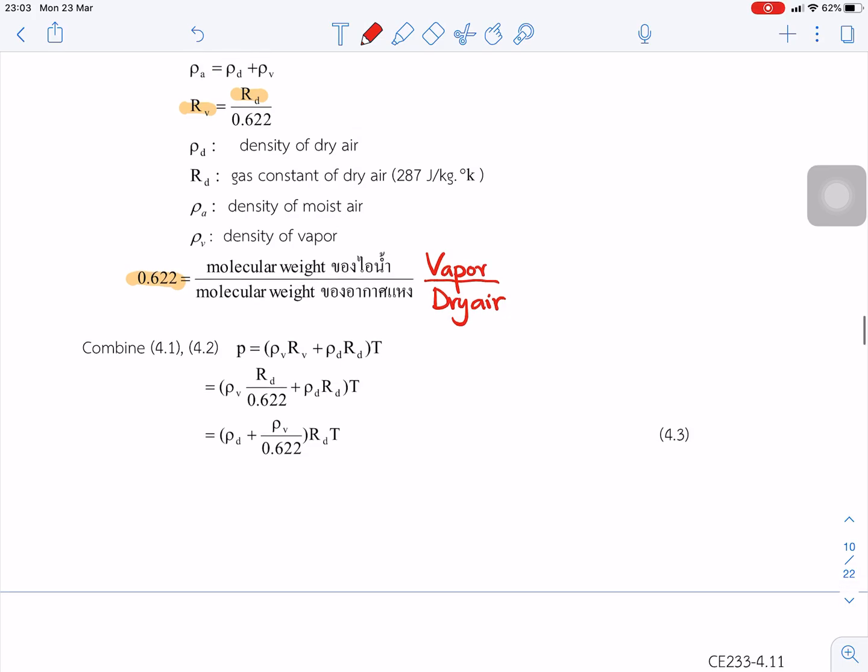Next, if we combine the dry air pressure and the vapor pressure, we get the moist air pressure.